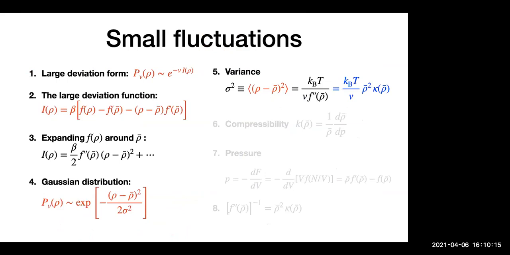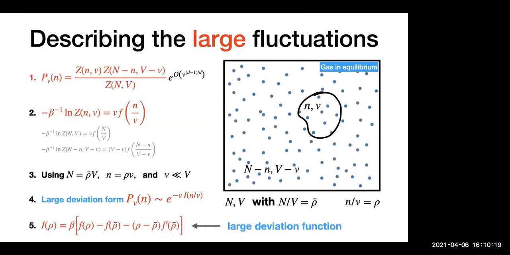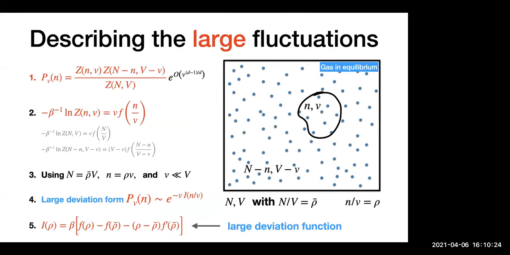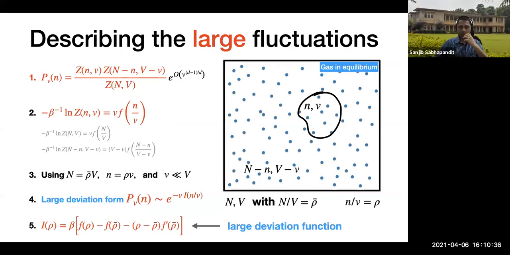Sanjib, can I ask you a question? Sure. If you go back to the previous slide. Yes. I'm just trying to track the dimensions here. This function f of n over v, n over v, of course, is a dimensionful quantity. Yeah, 1 over v.